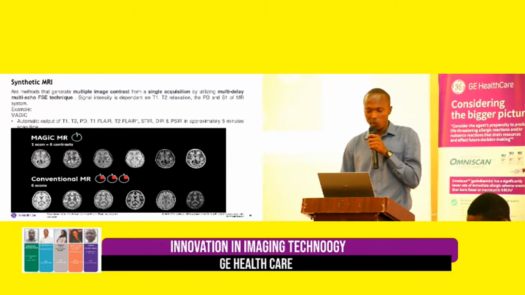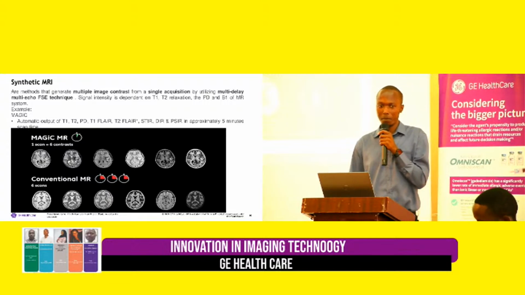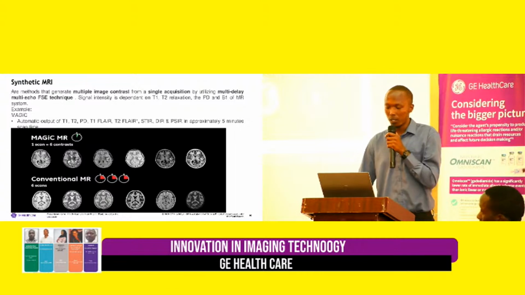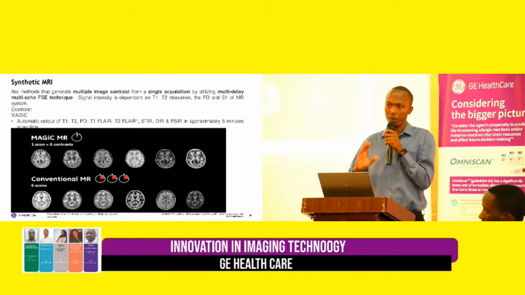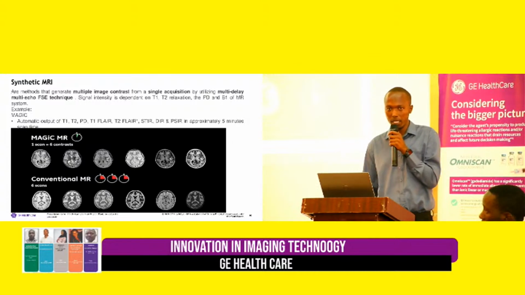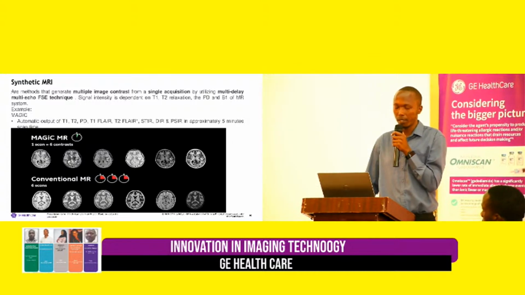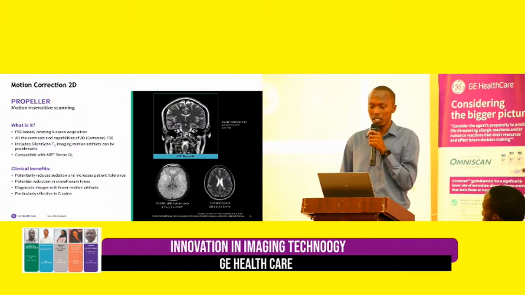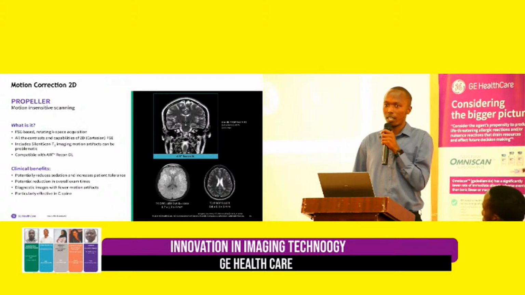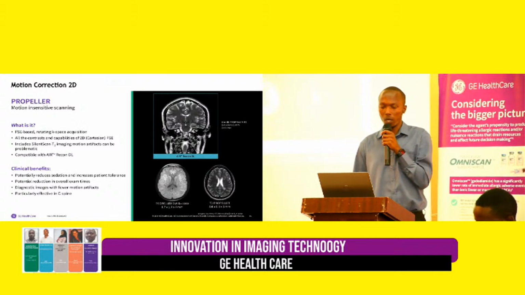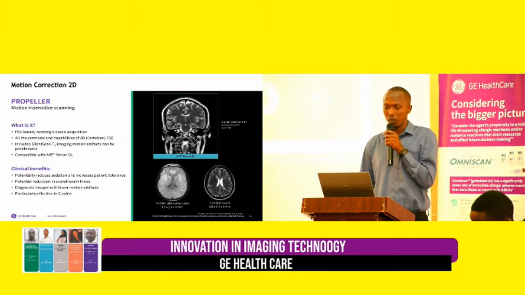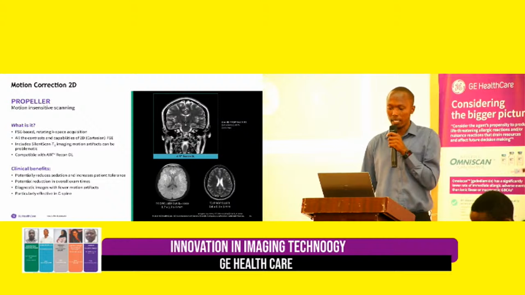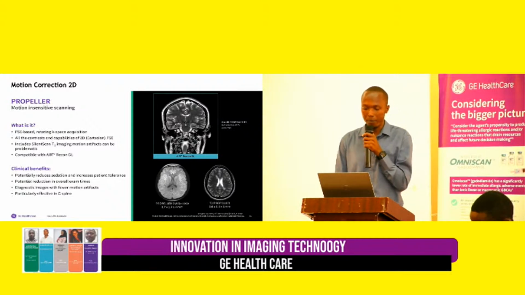Another technology is motion correction. Motion is also a challenge in MR. So we now have 2 technologies in motion correction, for 2-dimensional imaging and for 3-dimensional imaging. For 2-dimensional imaging, we use PROPELLER. This technique uses the radial k-space filling technique, so the lines are filled in blade form.